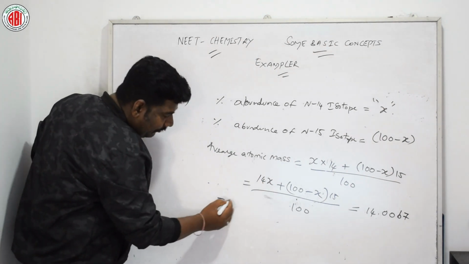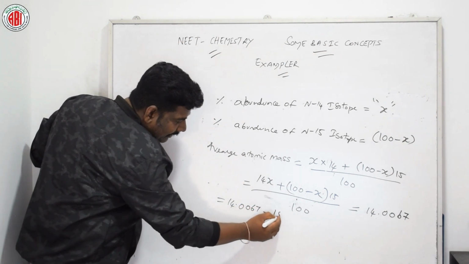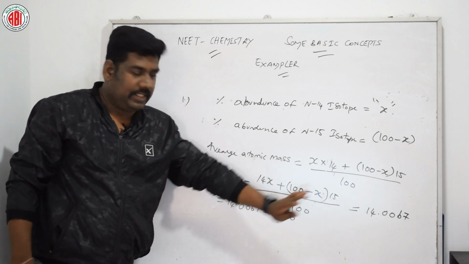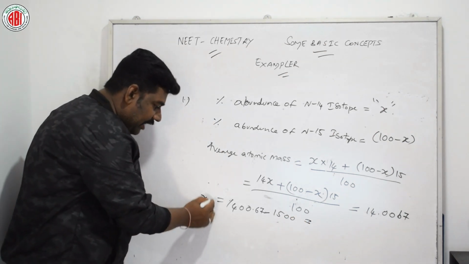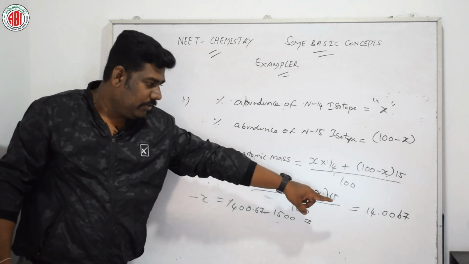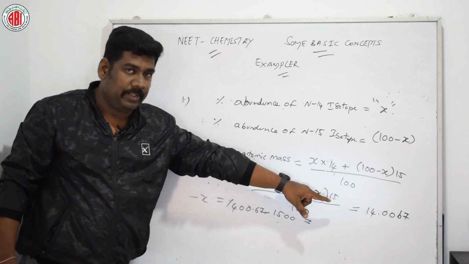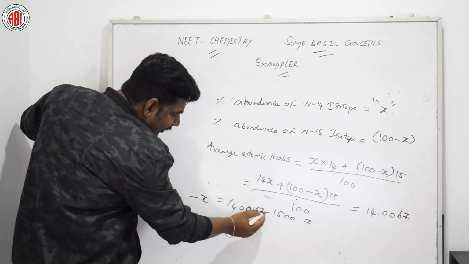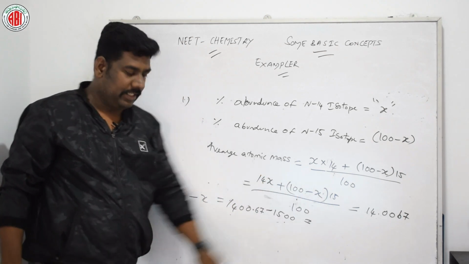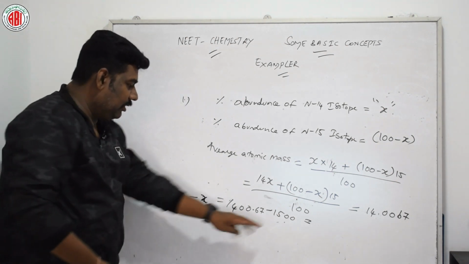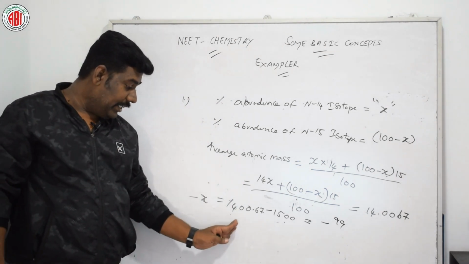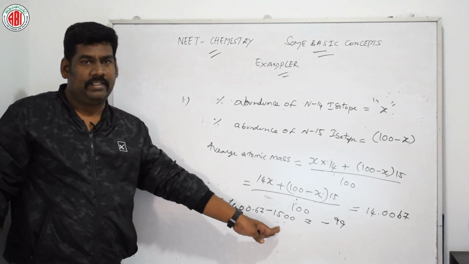Now to find the X value, moving to a few more decimal places, we get 1400.67 minus 1500, which is for nitrogen isotope 15.